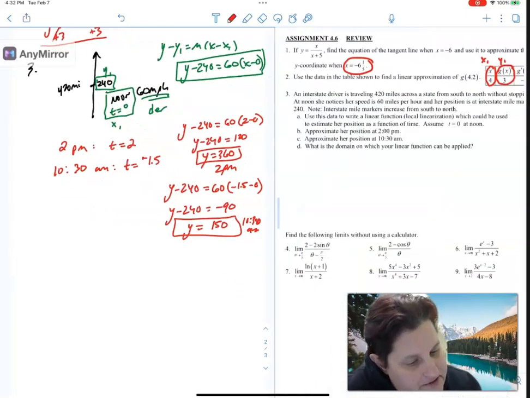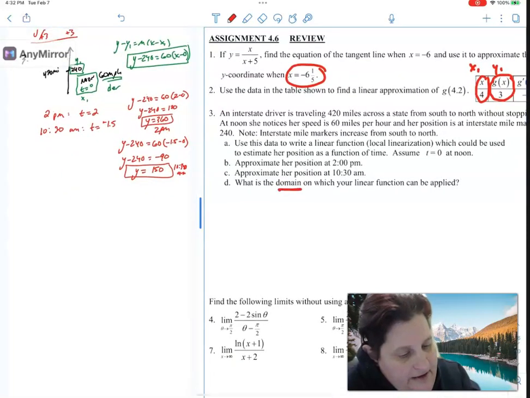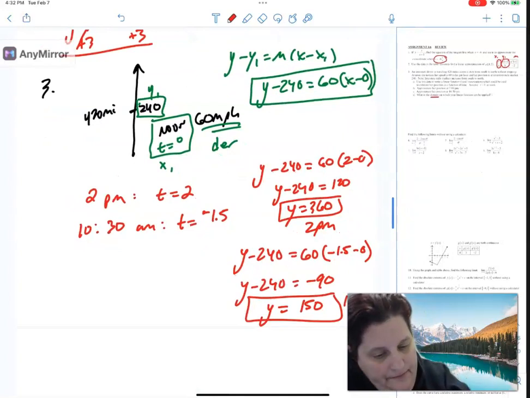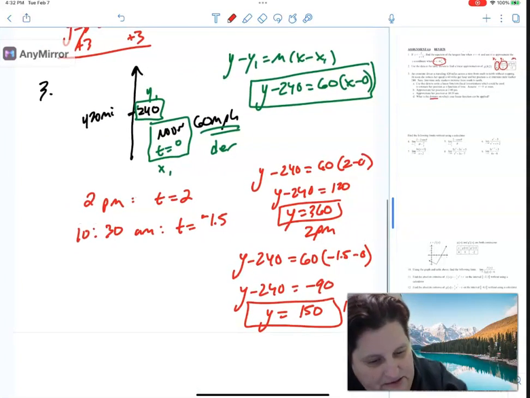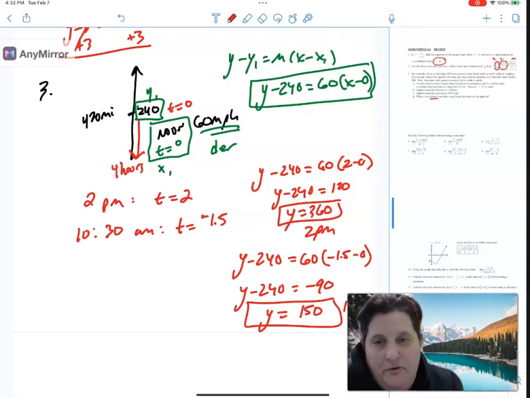And then the last thing says, what's your domain on which the linear function can be applied? That's a little bit tricky, but let's see. If she's going 60 miles an hour, and this is like time equals 0, she would have started 4 hours before that, because 240 divided by 60, right?